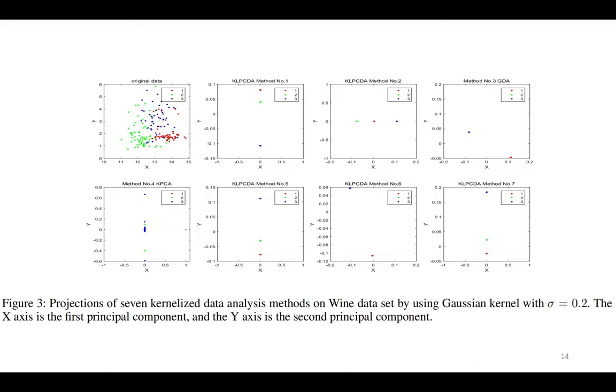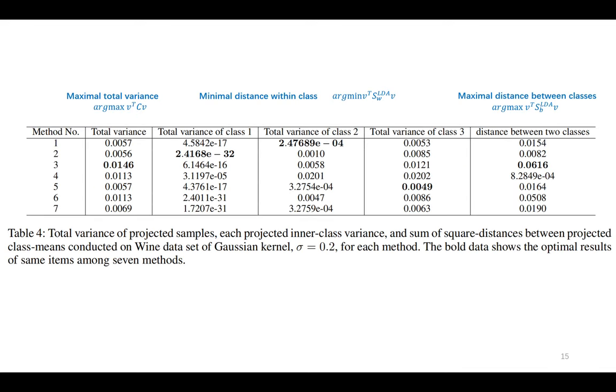It obviously shows that our proposed method performs much better than KPCA and no worse than JDA, which is our advantage. And the quantitative results show that JDA performs best in the item of total variance and the distance between two classes.